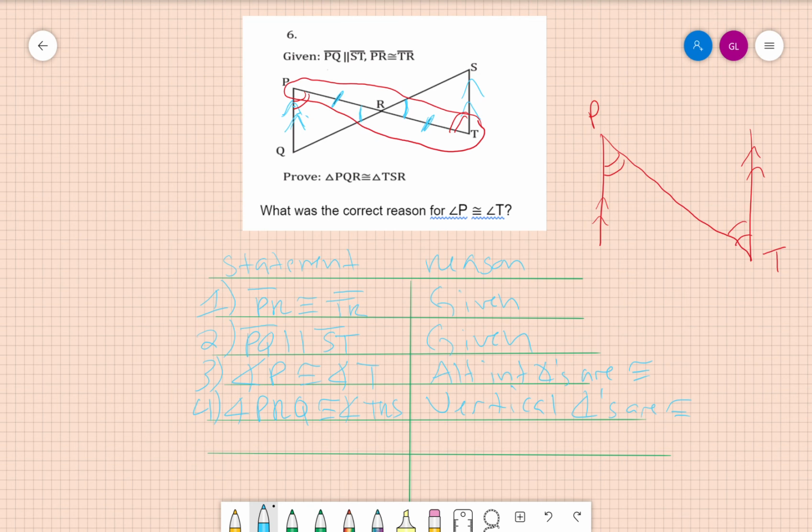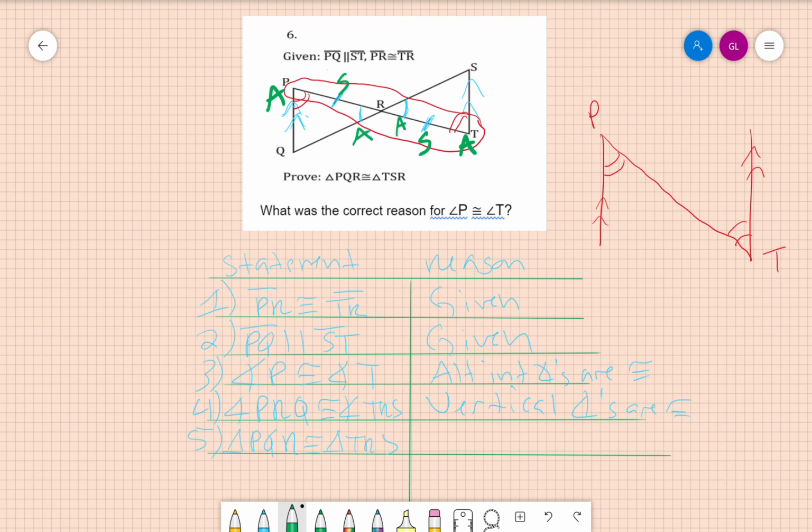Now we can get to the last part of this proof, where we have that triangle PQR is congruent to triangle TRS. If we look at this here, I'm going to do this in another color, green. We have an angle here, a side here, an angle here, an angle here.